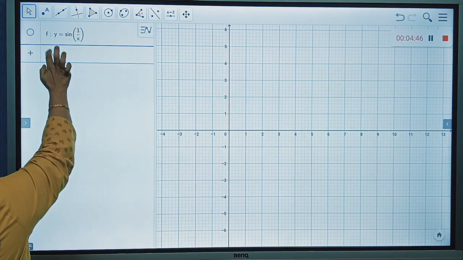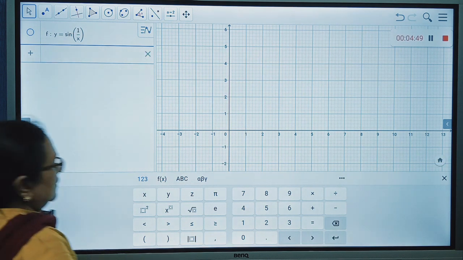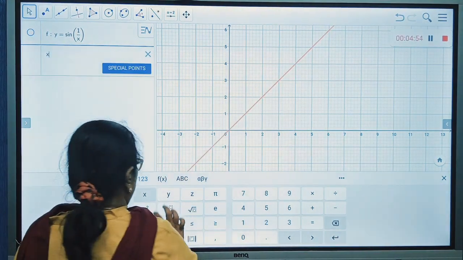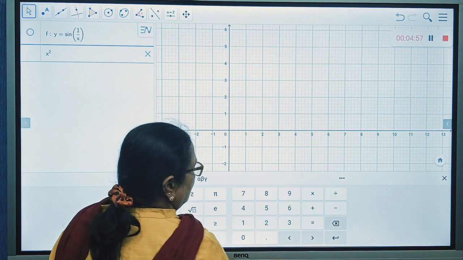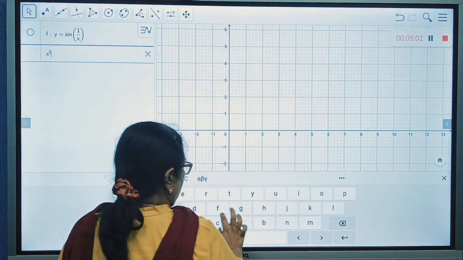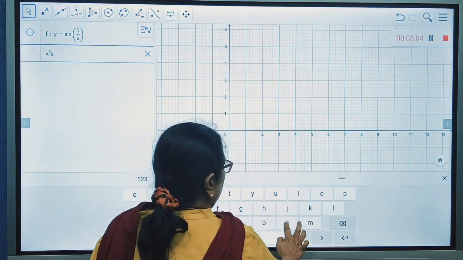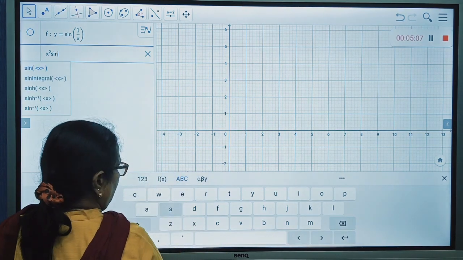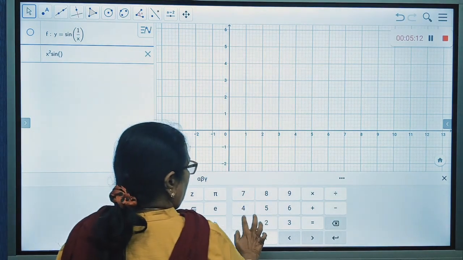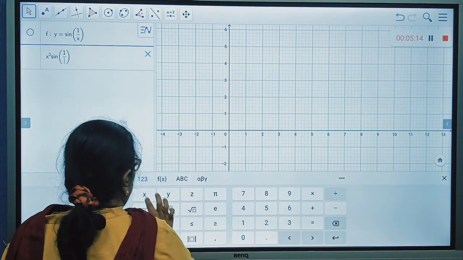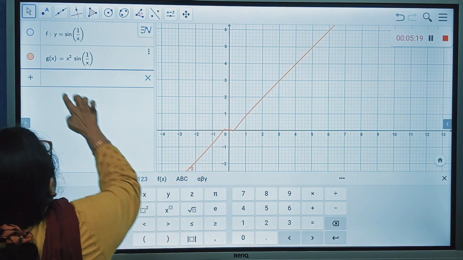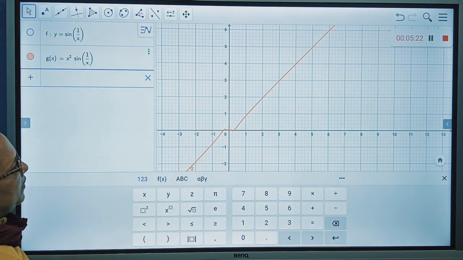Now let us look at x square into sine of 1 by x.